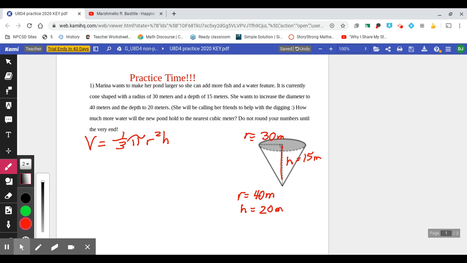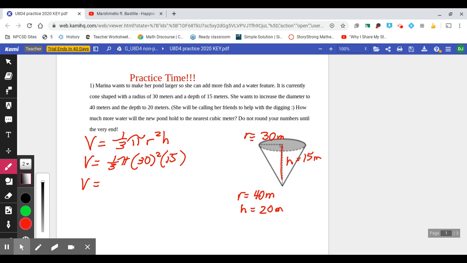But remember, this goes into an apex, so you're only taking up 1/3 the volume that a cylinder would have. So I have the original pond over here, and the volume of her original pond is 1/3 pi, with R being 30 squared times the height of 15.